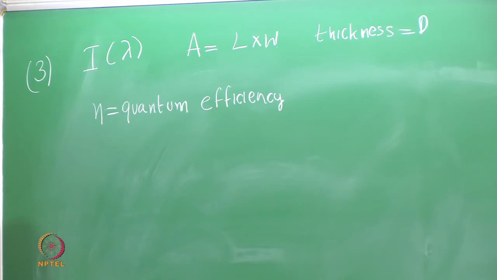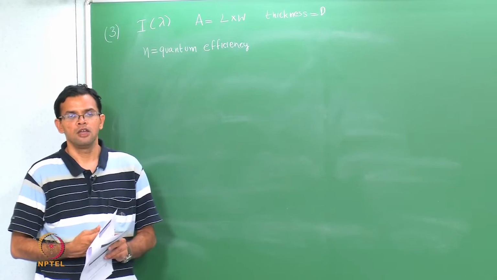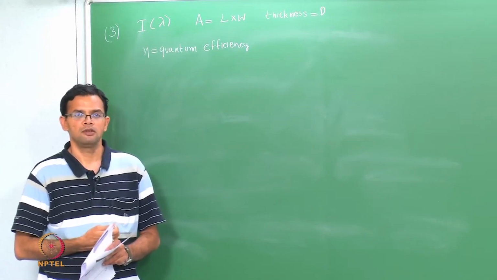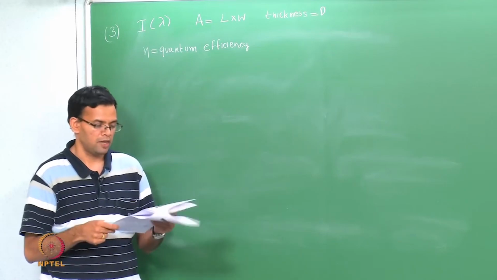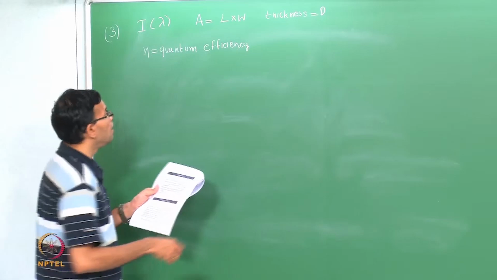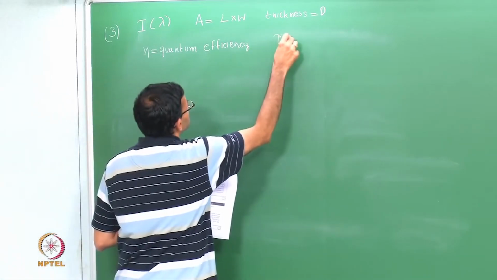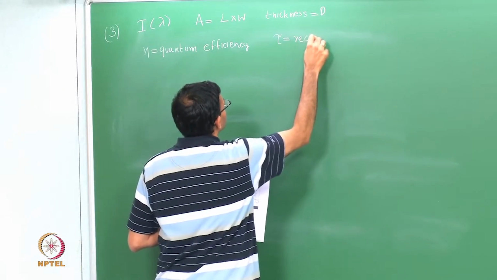If we take the quantum efficiency to be 0.5 or 50%, if 2 photons come in, only one of them will get converted to an electron hole pair. The quantum efficiency is given, and tau is the recombination lifetime of the carriers.